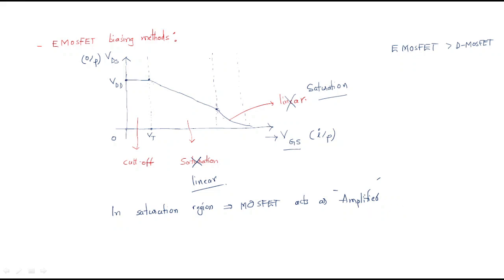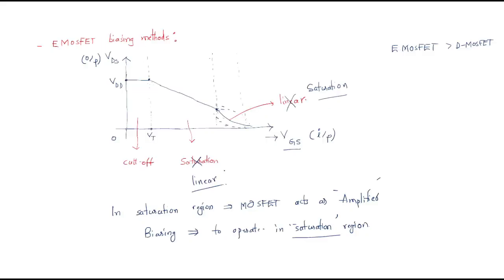So that's why our intention is that biasing is required to operate in the saturation region. In order to work in this region, we should do the biasing for the MOSFET. This is for the E MOSFET only, right?